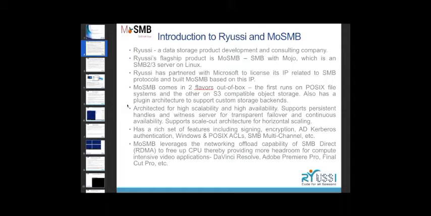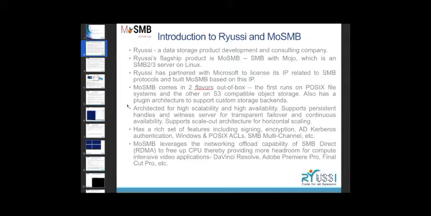MoSMB is architected for high scalability and high availability. We support persistent handles and witness server for transparent failover and continuous availability. We support scale up also, but we also support scale out architecture for horizontal scaling.